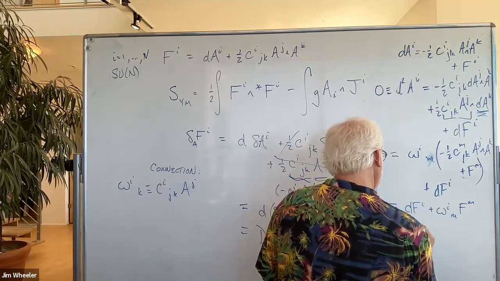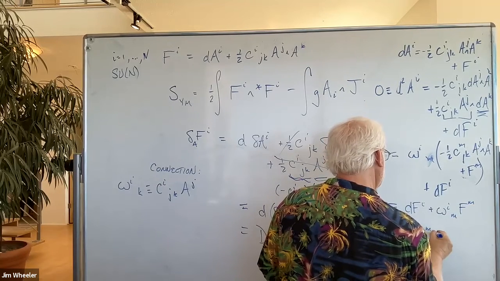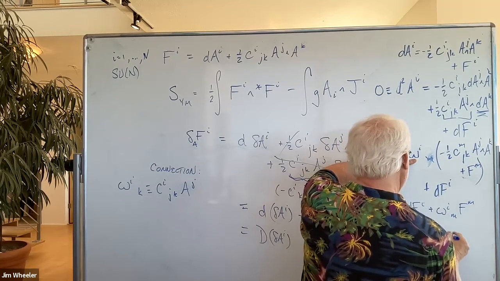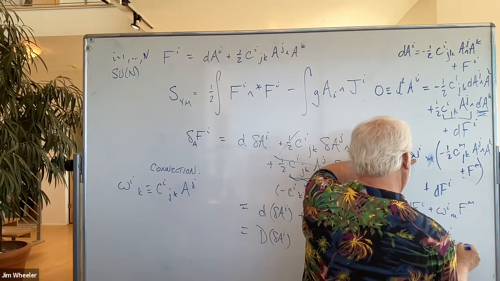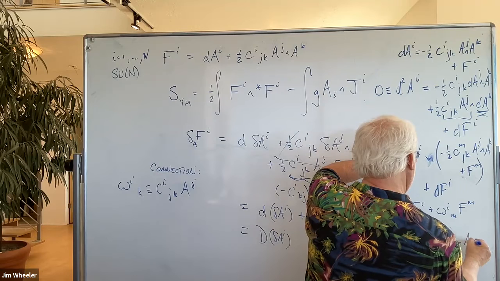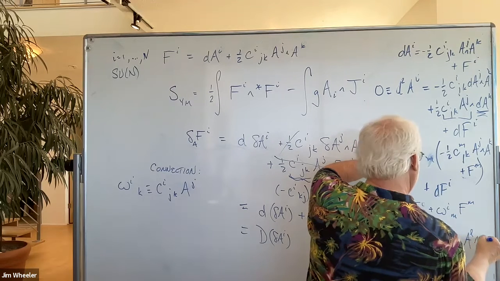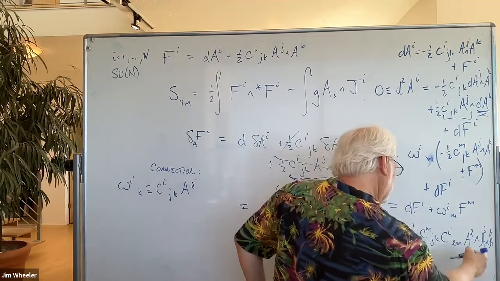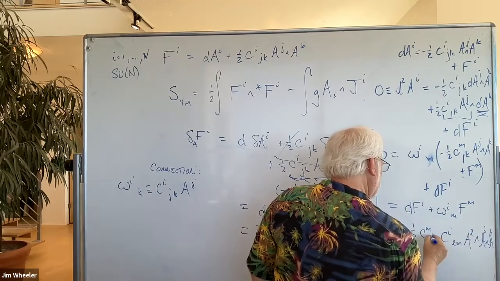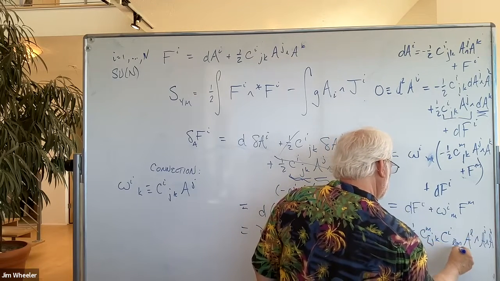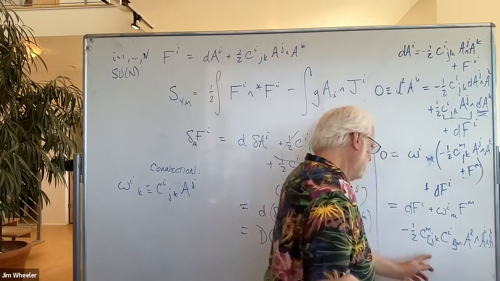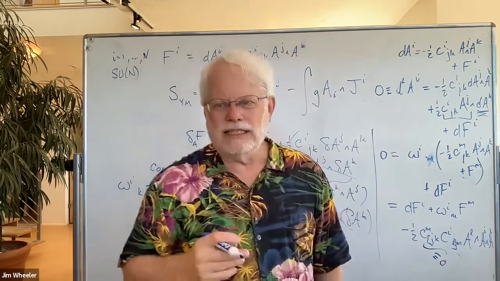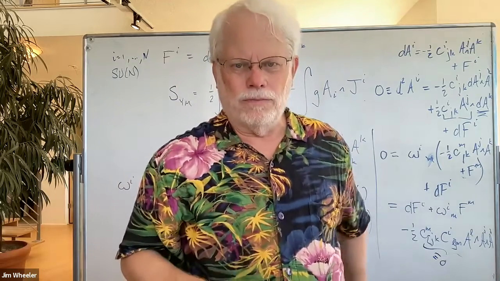Then this is minus 1/2 Cmjk. Then this omega, remember, is Cilm Al wedge Aj wedge Ak. And that anti-symmetrizes the jkl, like this. That's identically 0 because that's the Jacobi identity of the original group.